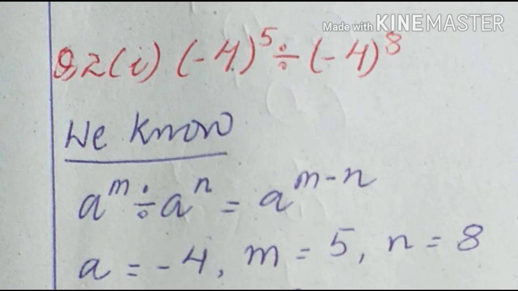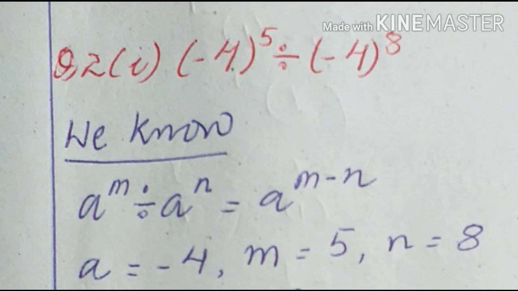Clear? Here we can use a to the power m divided by a to the power n equals a to the power m minus n. If it is divide, we have to subtract the powers. Now here what is the base? A is the base. Compare with the question here. Base is minus 4. And what is the first power?